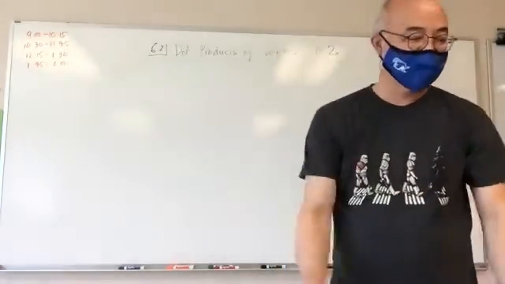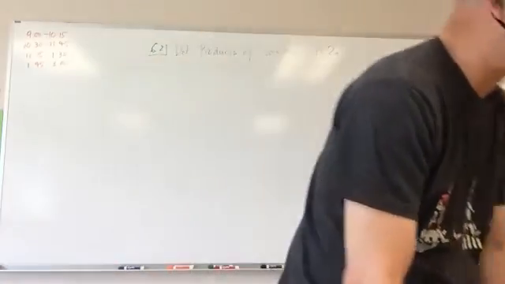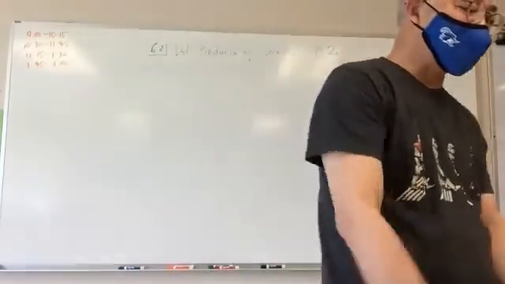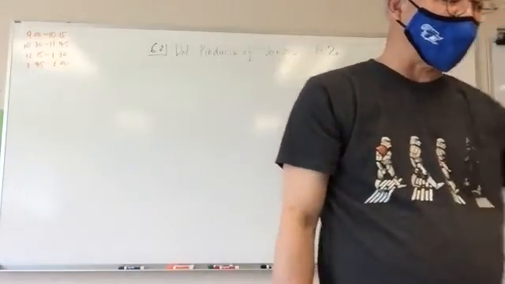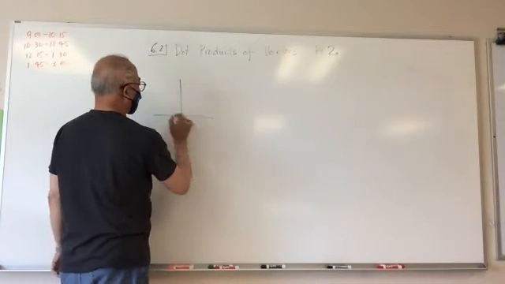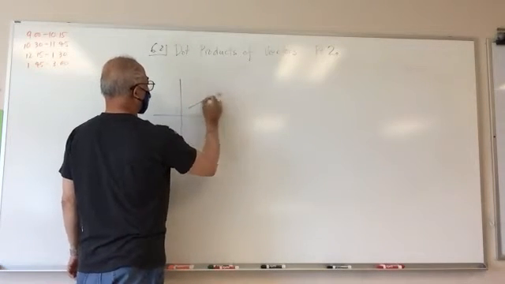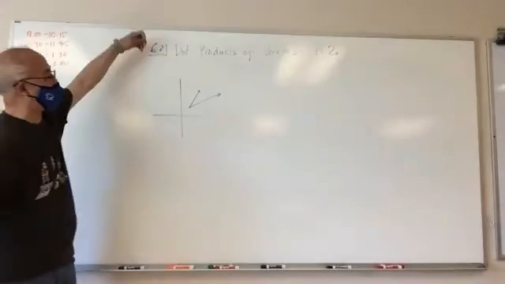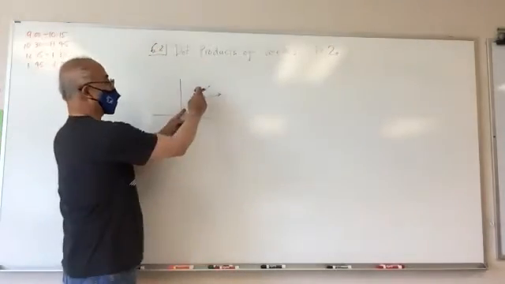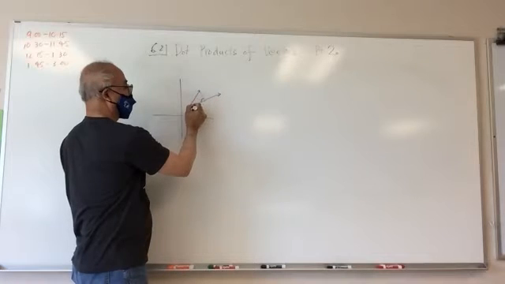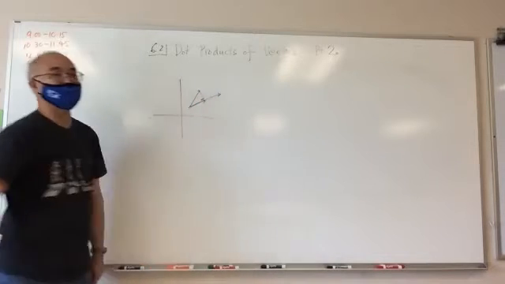All right, so we are on page 470, where it says projecting one vector onto another. If I have, in a plane, a vector that looks like this and a vector that looks like this, what we're talking about is shining a light onto this vector and projecting it onto this vector.